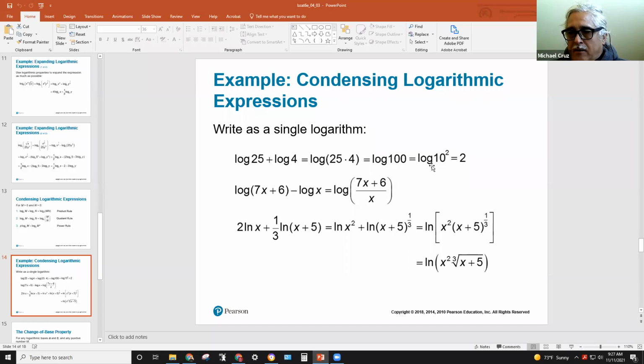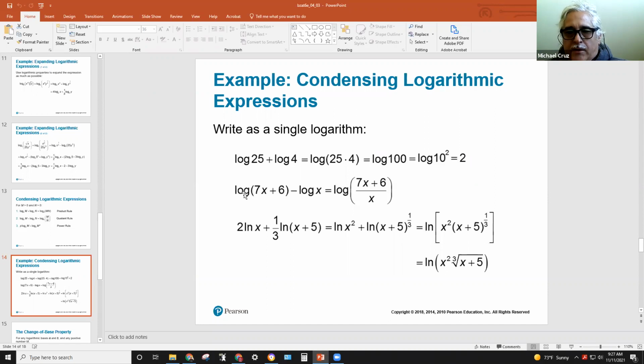So 10 to what power gives you 100, or 10 squared? Well, it's that little 2 right there. The 10 isn't written here because this is what we call the common logarithm, the basic case, so they do not put it there. But it's understood that there's a 10 there. So the logarithm base undoes that, and all we have left is 2.